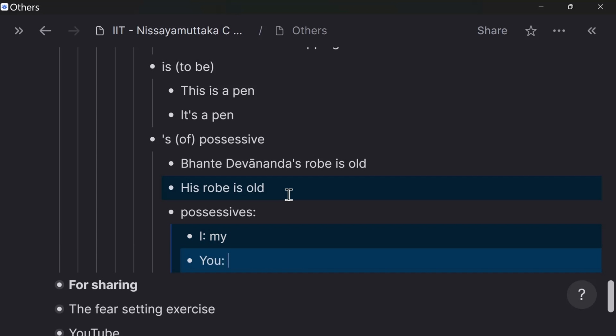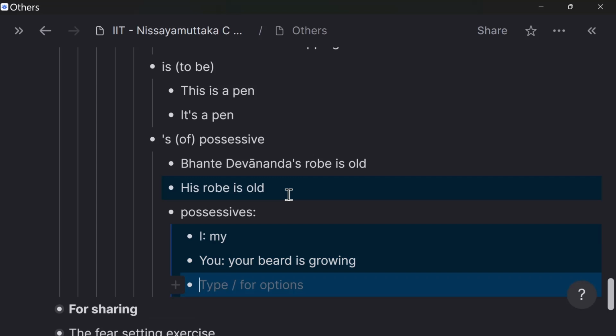So you. What is the possessive of you? Your. For example, you can say something like your beard is growing. What about you in plural?